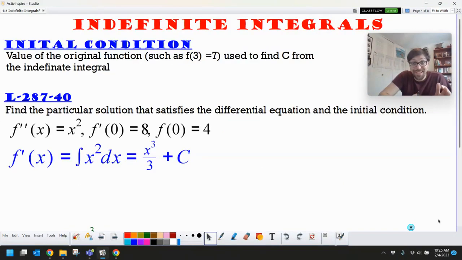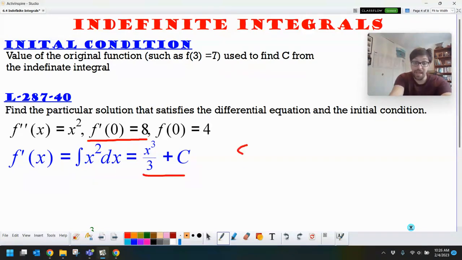Sometimes we're given an initial condition which we can use to determine the value of c that we got from the indefinite integral. So here I got a second derivative. I wanted to figure out what the original function was. I found the antiderivative, which was x cubed over 3 plus c, and now I want to know what that c value is.